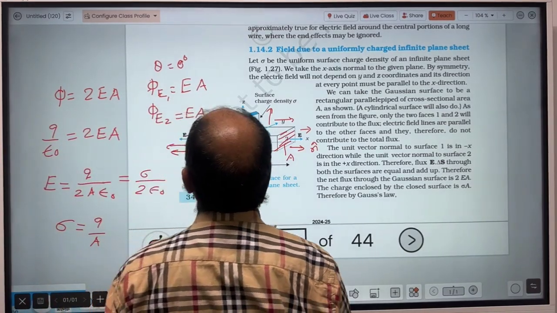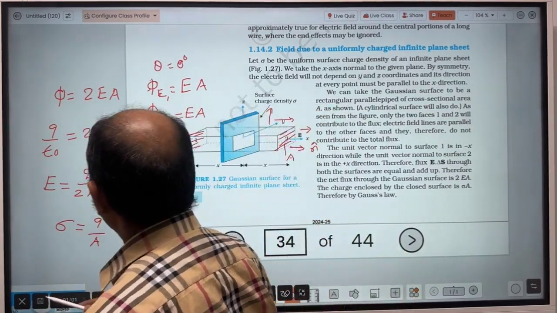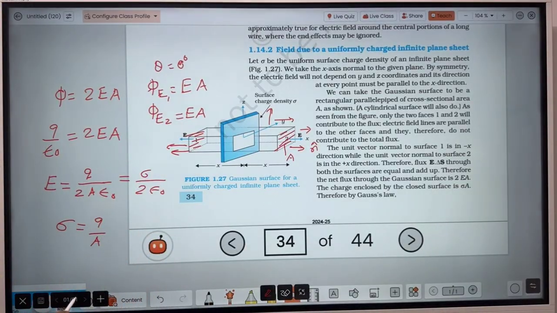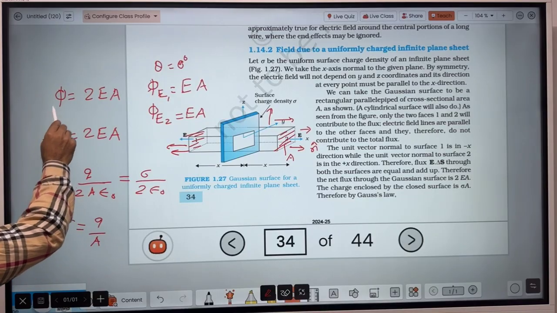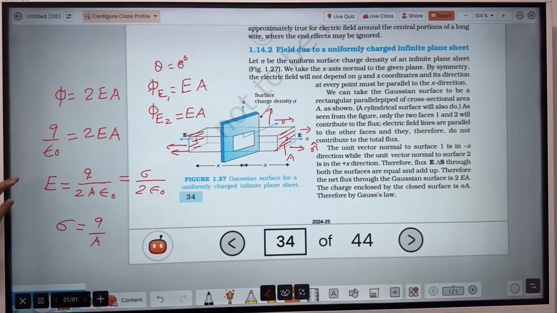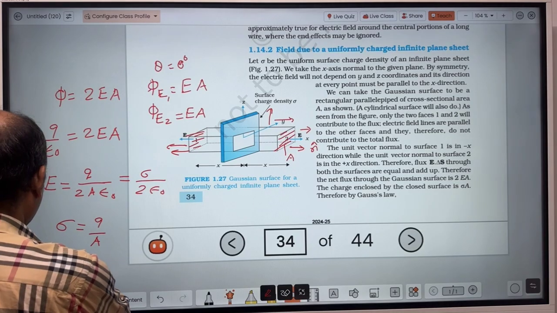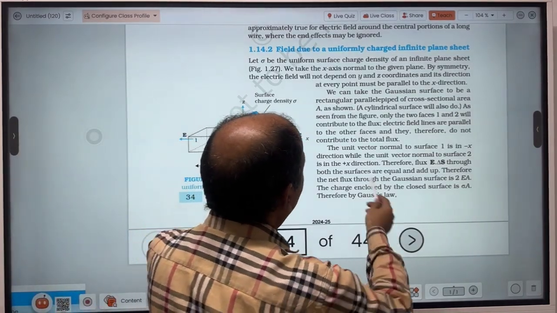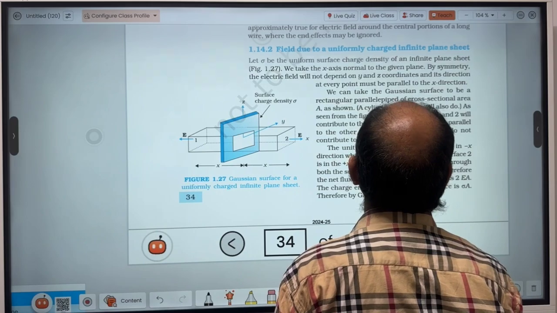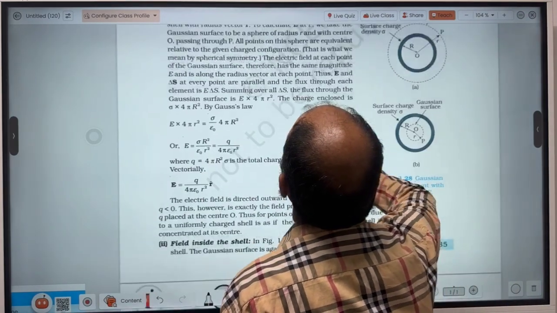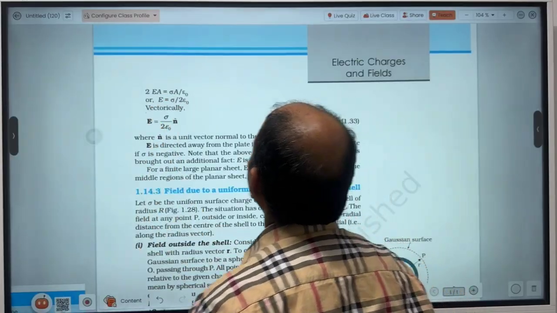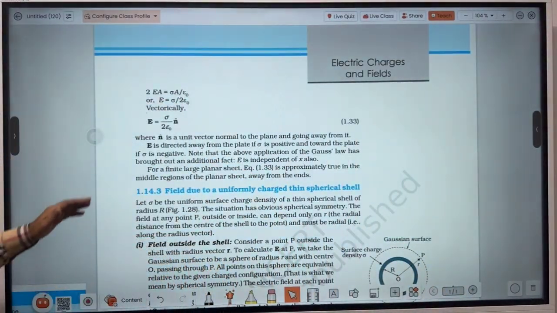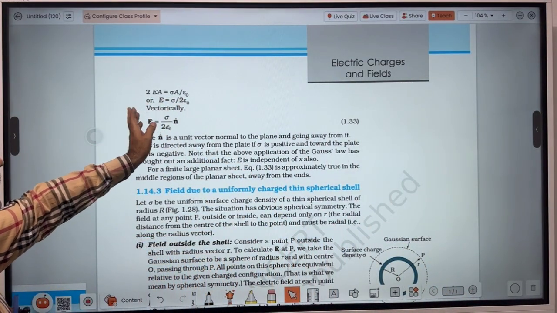So this is how we can calculate the electric field by using Gauss law. Here we have made use of Gauss law, that flux phi equals charge enclosed divided by epsilon naught. Let's read it here also. The same thing is given here: 2EA equal to sigma A upon epsilon naught.